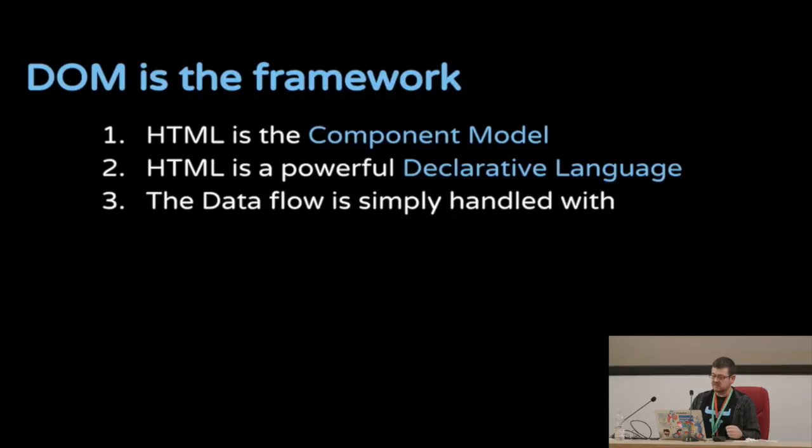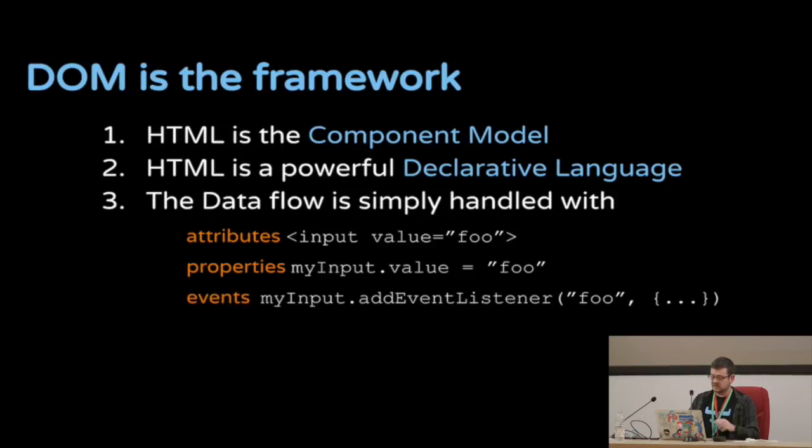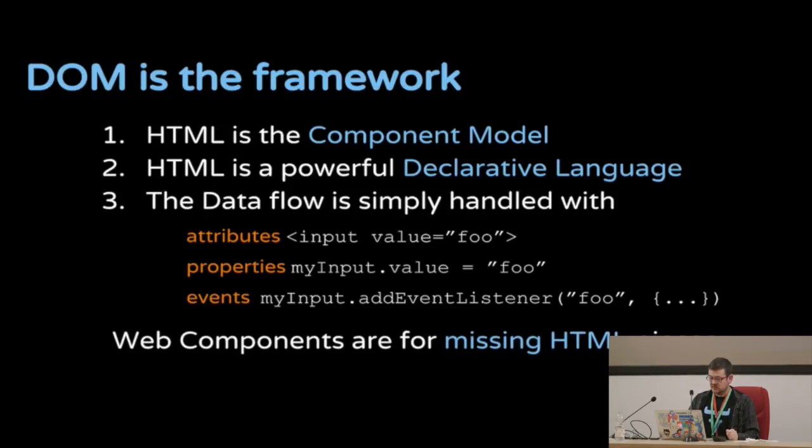And the data flow is simply handled by attributes, properties and events, which are well known to every front-end developer or even designer. That is everything you need to know about web components. Web components are basically missing pieces of the HTML implementation.